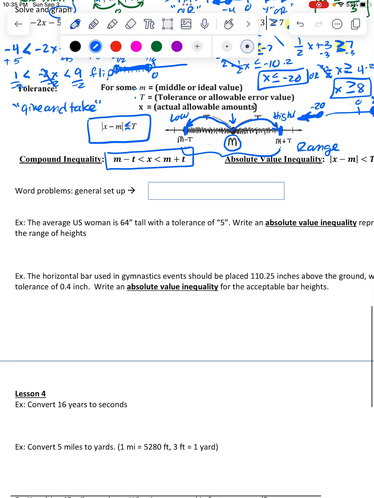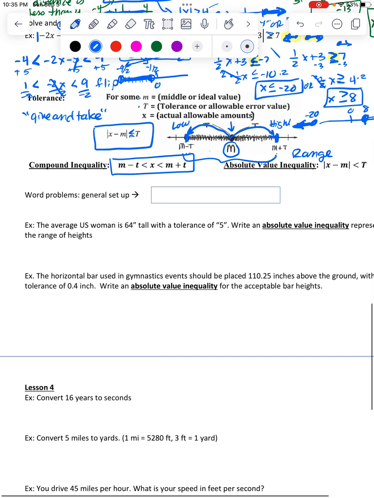So when we do tolerance, they're going to tell us an average, and we're going to find the difference between some random number and the average, or the mean. The difference between the number they give us and the average has to stay underneath that tolerance.